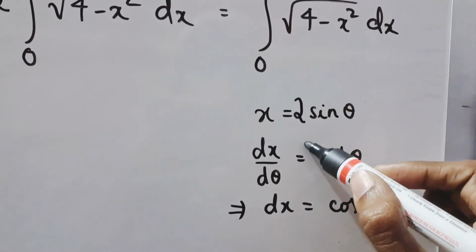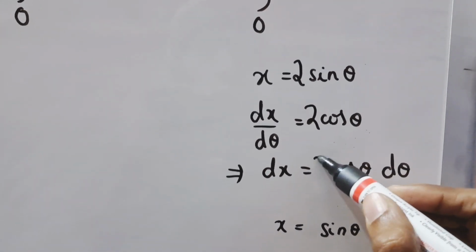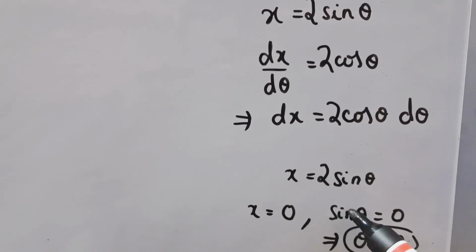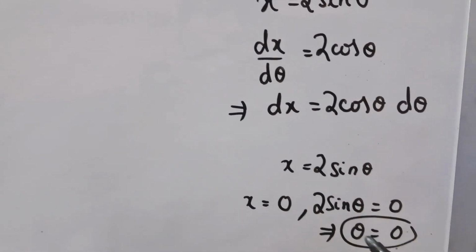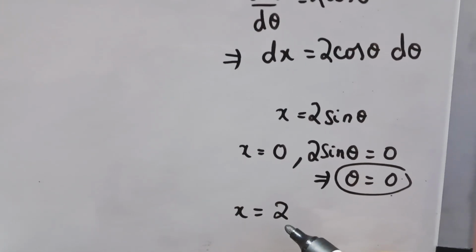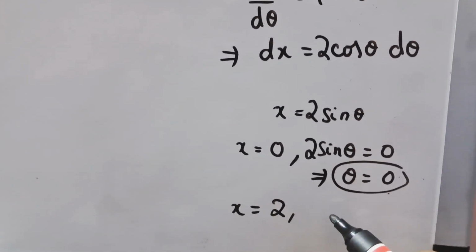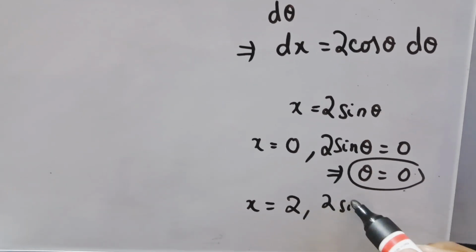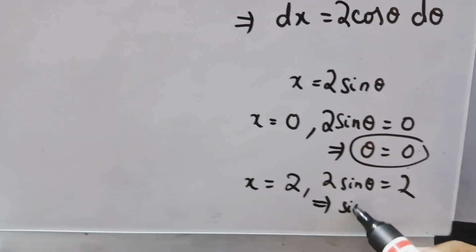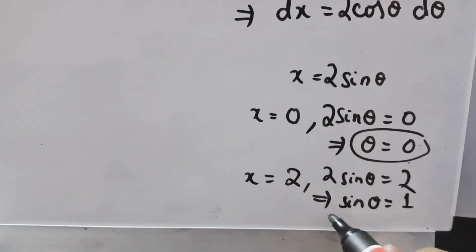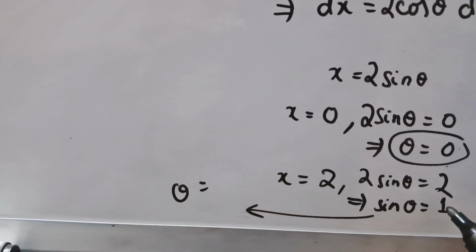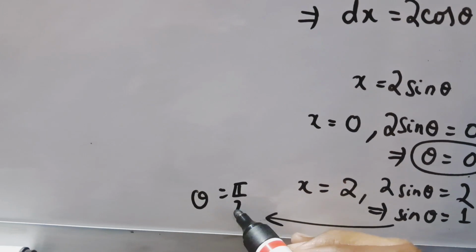Okay, so it will be 2 cos theta, so 2 cos theta d theta. Now x equals 2 sine theta. When x is 0, 2 sine theta equals 0, which means sine theta equals 0, so theta is obviously 0. When x equals 2, 2 sine theta equals 2, which implies sine theta equals 1, from which we get theta equals sine inverse 1, which is pi by 2.